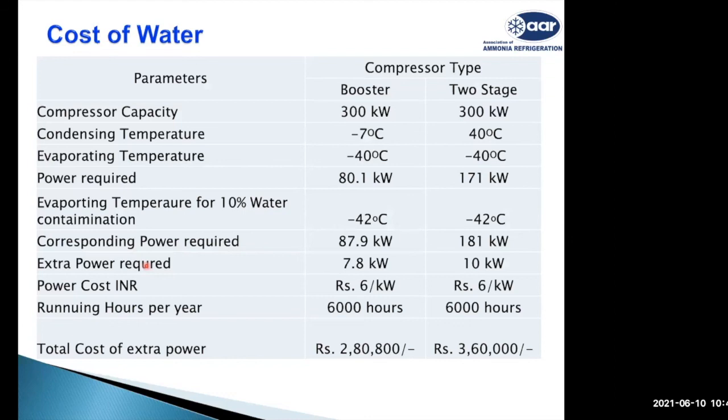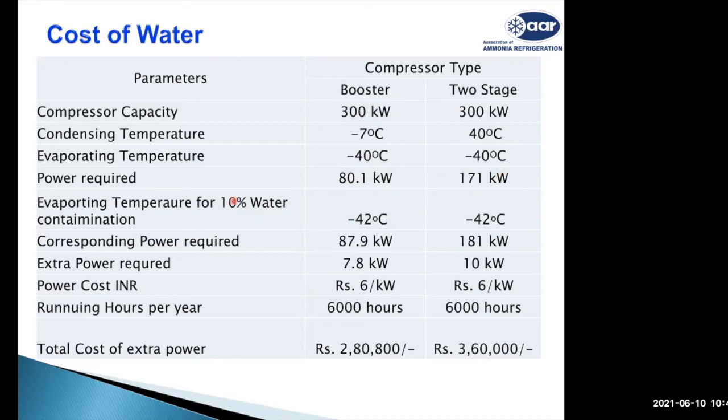You can see the refrigeration capacity considered is 300 kilowatts. Now the booster is condensing at -7, whereas two-stage is condensing at +40. Both are running at -40. Since this is only a booster, its capacity is 80 kilowatts, and the two-stage total power required is 171.